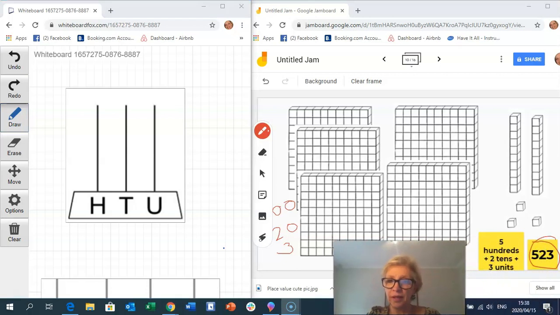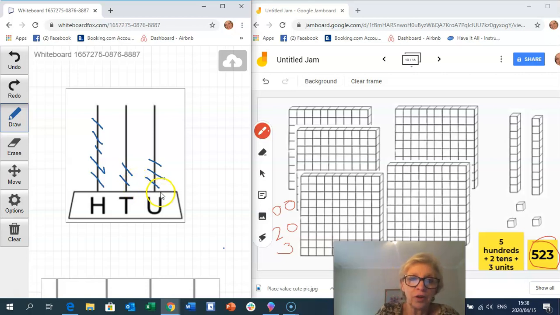Let me see if I can move my camera. So I'm going to put 1, 2, 3, 4, 5 in my hundreds column. I'm going to put 1, 2 in my tens column, and I'm going to put 1, 2, 3 in my units column. There we go, and it's the sum 523.